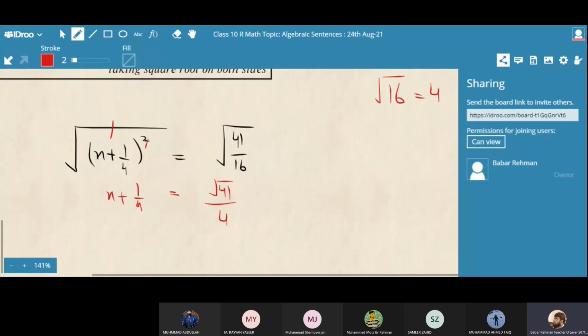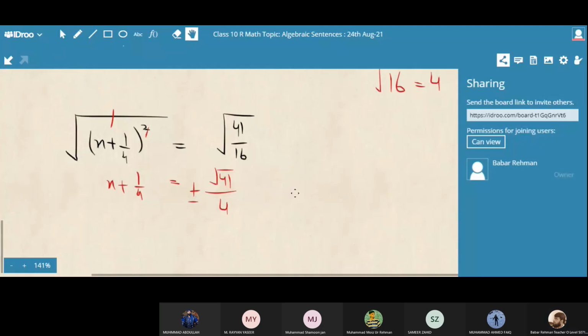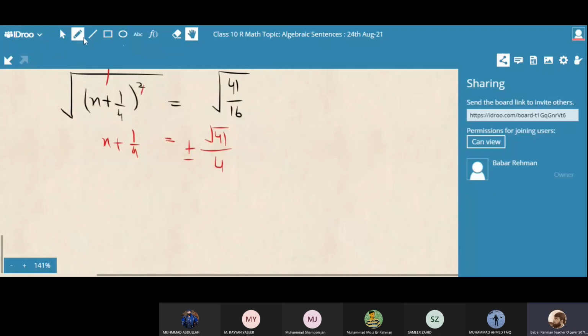So now what will happen? I will write the plus and minus sign. Hope you got this concept. And now you can solve your value for x. You have two workings. The value of x, the first one, is plus root 41 upon 4 and plus; first I take plus.